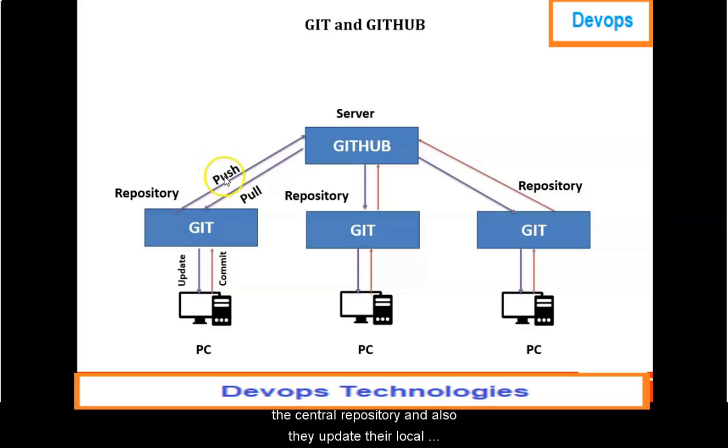They also update their local repositories with all the new files that are pushed into the central repository by an operation called pull. So this is how they fetch data from the central repository. Now if you see the diagram, GitHub is going to be the central repository. Git is the tool that is going to allow me to create my local repositories.